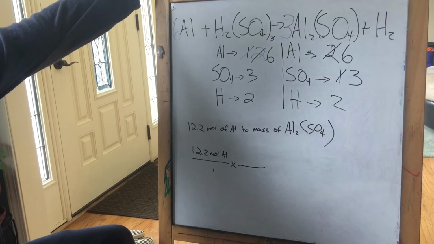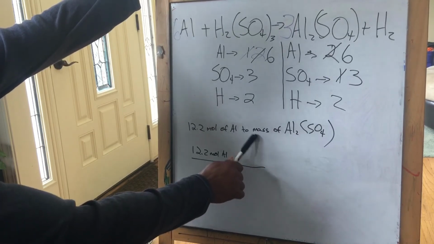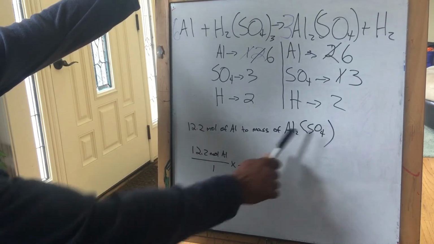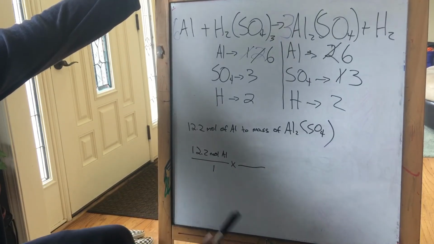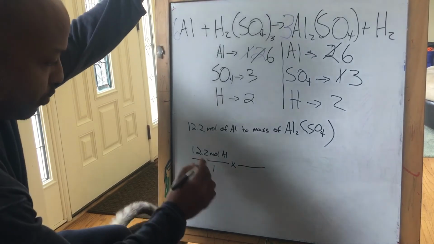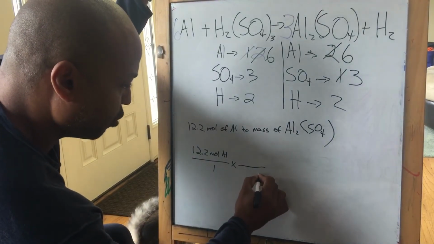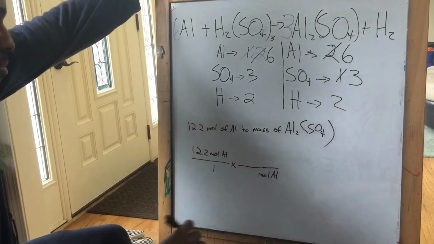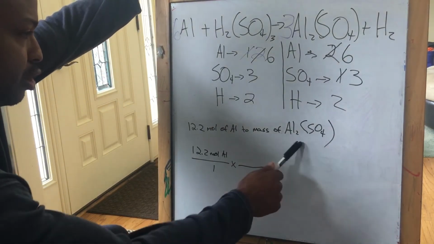Now, before we go to mass, we need to figure out the molar ratio between aluminum and aluminum sulfate. So before we jump to grams, we need to go to our molar ratio. So again, we need to get rid of moles of aluminum. And we're comparing aluminum this time to aluminum sulfate.